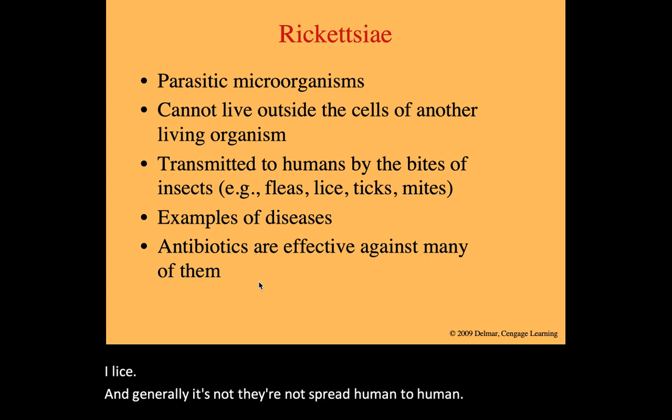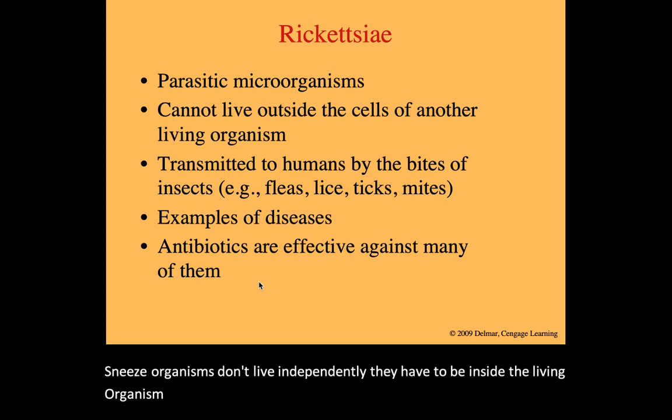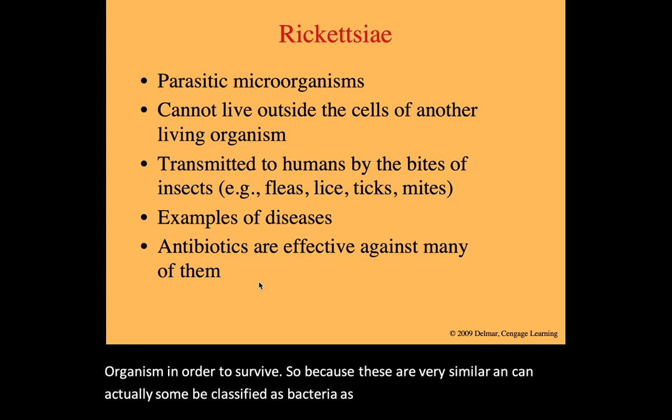And these organisms don't live independently. They have to be inside of a living organism in order to survive. Because these are very similar and some can actually be classified as bacteria as well, antibiotics do work for them.